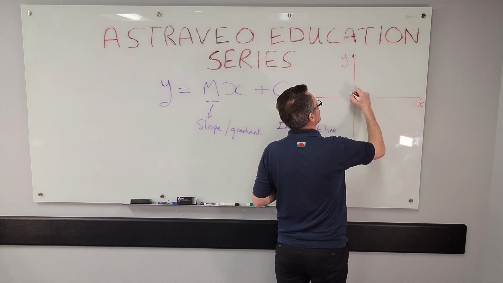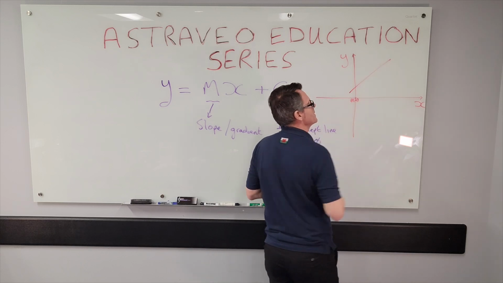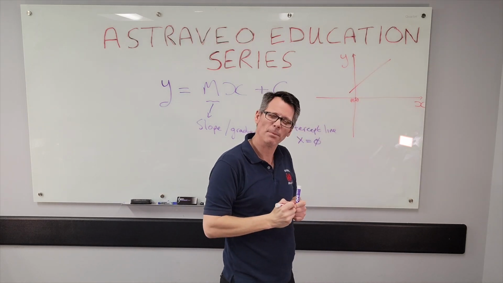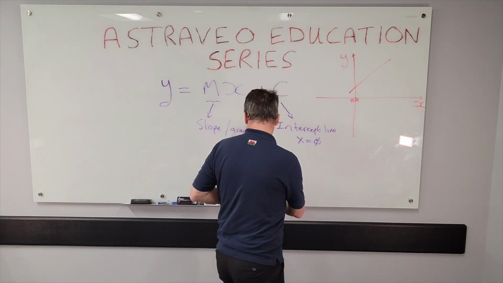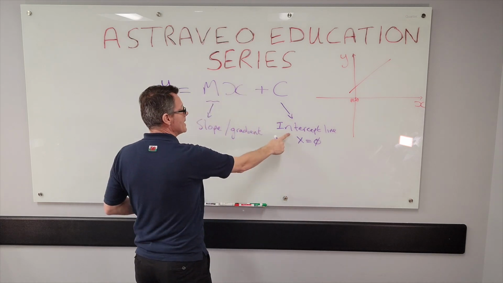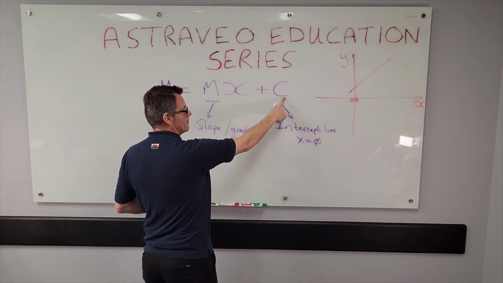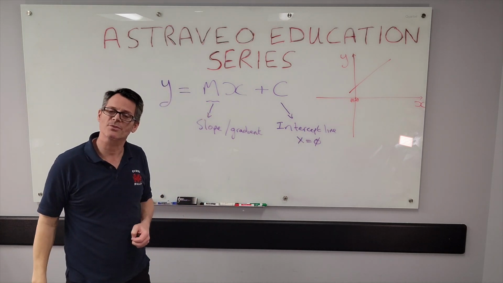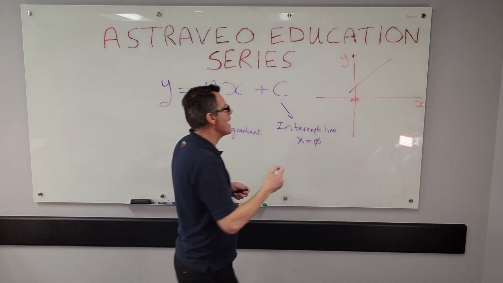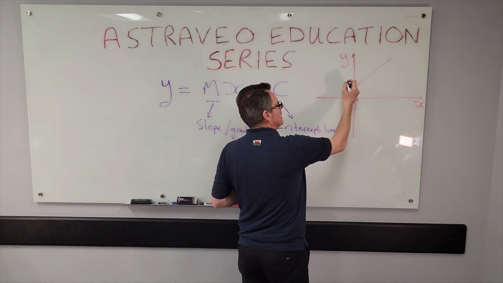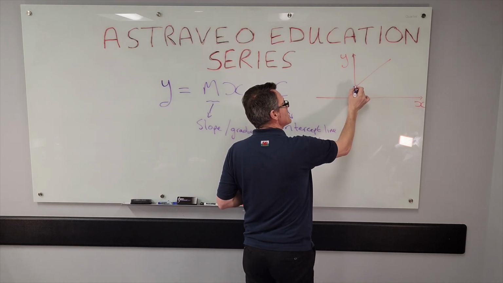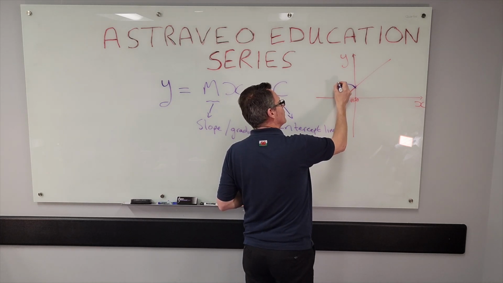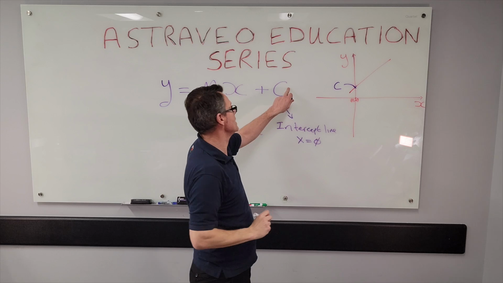I'm going to take any old line and I'm going to draw it like this. Now we have a couple of very special points. We defined here the parameter c as the intercept of the line where x equals 0. This is the x equals 0 line. It intercepts there. So whatever that value is, that is c.